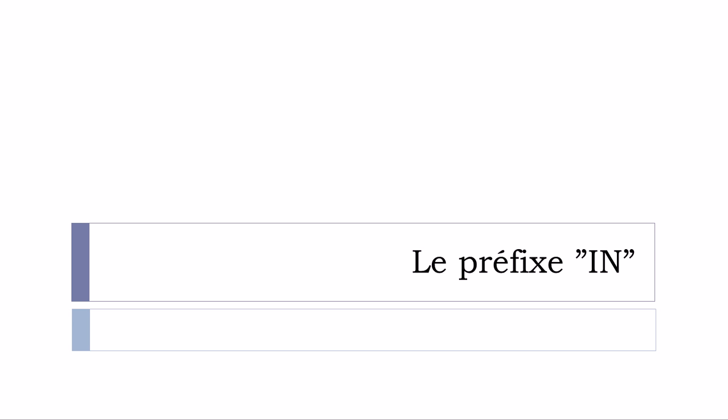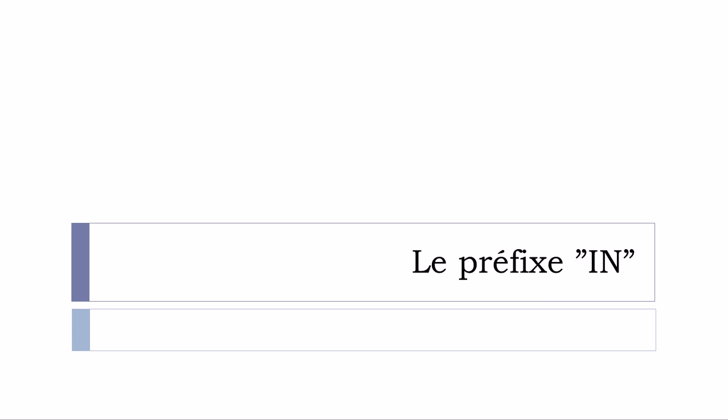And in this lesson we'll still work on les préfixes, and in this video it will be le préfixe IN. Remember, when we're talking about préfixe, we're talking about letters that you put in front of existing words, and by adding these letters you modify the original meaning of the word.